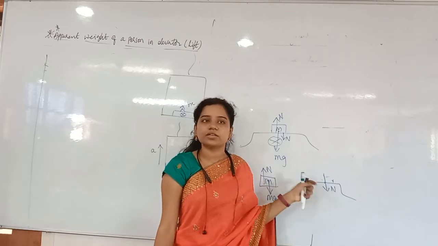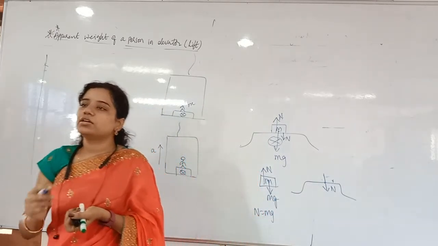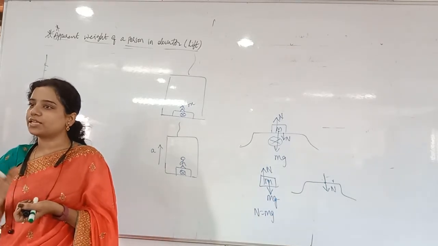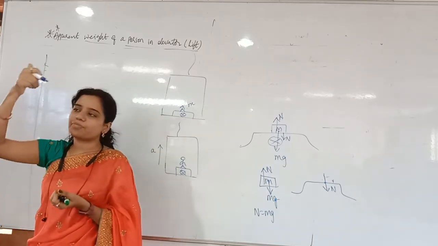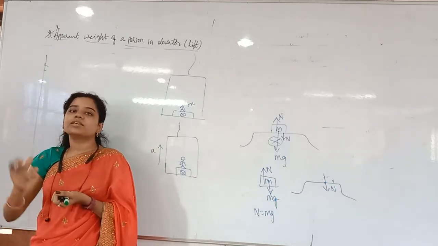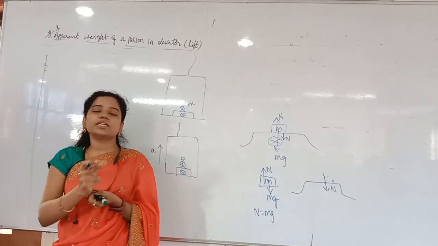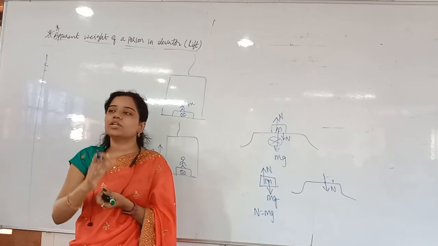The normal reaction acting on the weighing machine is responsible for the reading. Of course, mg is responsible. But whenever the lift is moving in upward or downward direction, the weight will vary. Whenever it is varying, who will give the apparent weight, the change in weight? Nothing but only the normal reaction.